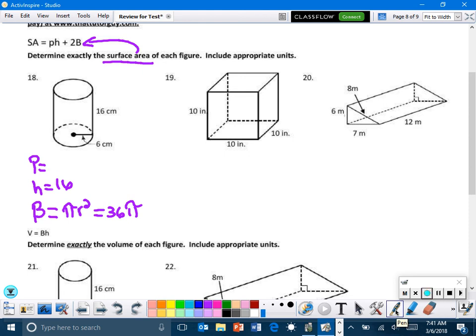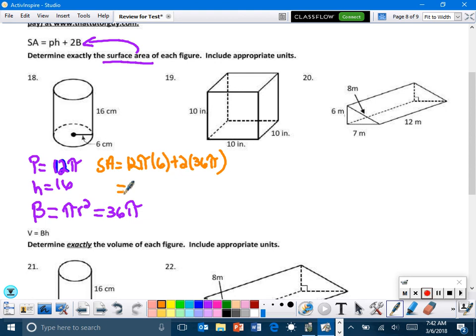So again, that was 12 pi. Okay, I'm going to plug the numbers in. So here we go. Surface area equals 12 pi times 6 plus 2 times 36 pi. Plugging it into the formula up above.